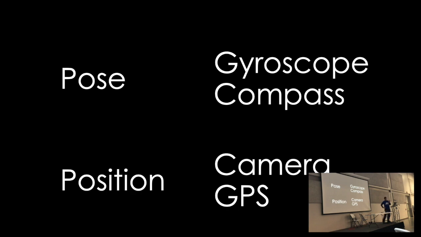Now, we've had that for a few years. So what makes ARKit special is that it brings two new sensors to the party in order to give us the additional 3 degrees of freedom. Those 3 degrees of freedom are being able to move forward and backward, move side to side, and move down and up. So motion along each of those 3 axes is the idea of changing position. And when you take the 3 of pose and the 3 of position, that's your 6 degrees of freedom.